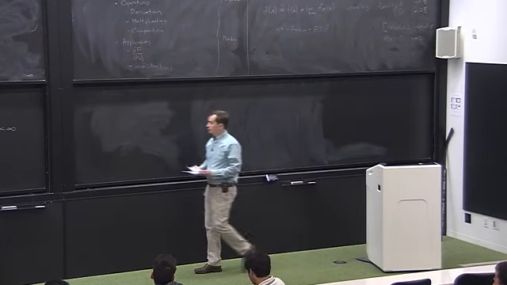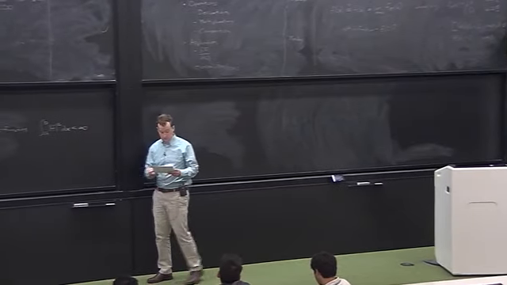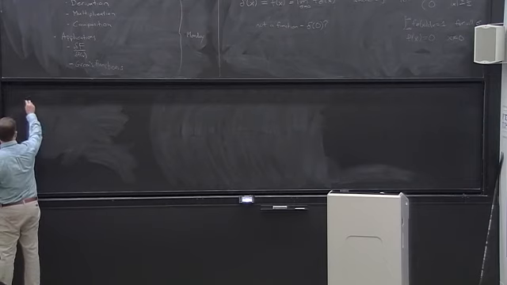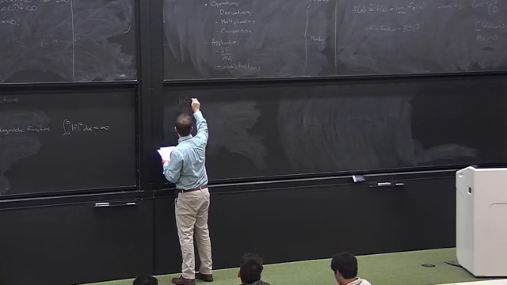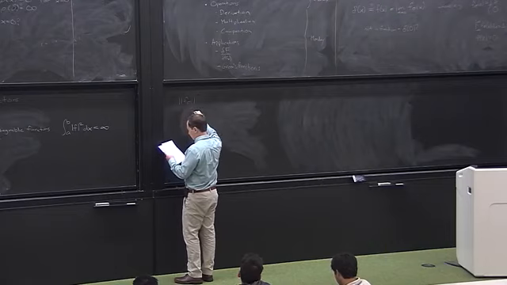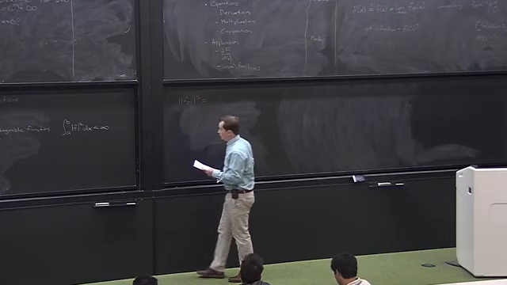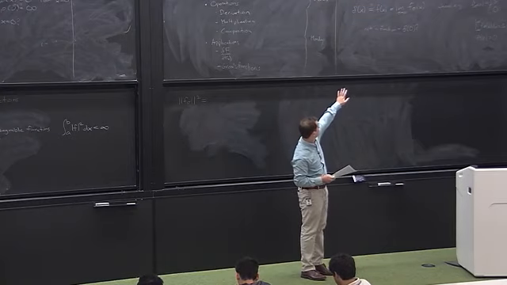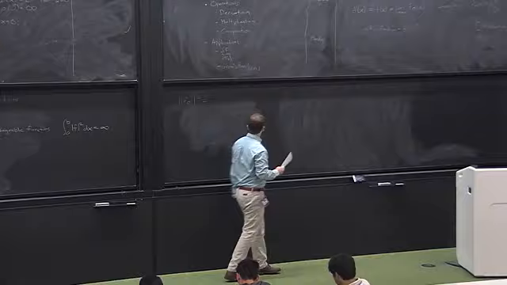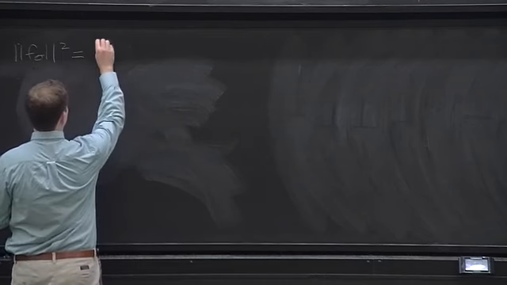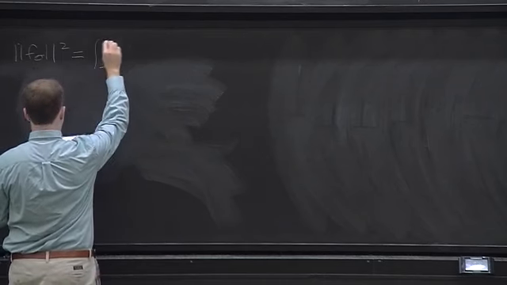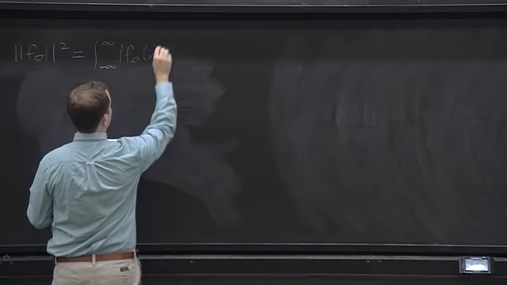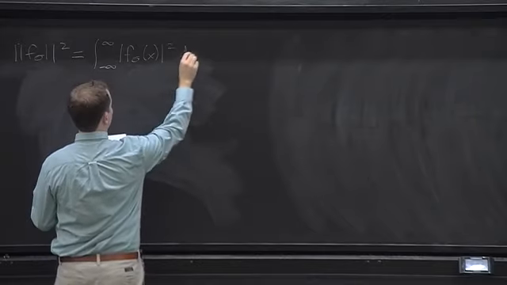So delta is not in this function space. And to see that, we can compute the norm of these f sigmas. We try to define it like that. The norm of these f sigmas is easy to compute. Take the absolute value squared.